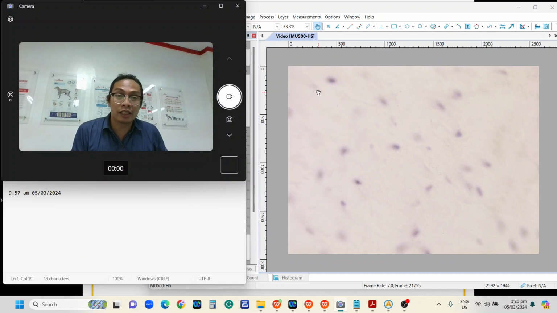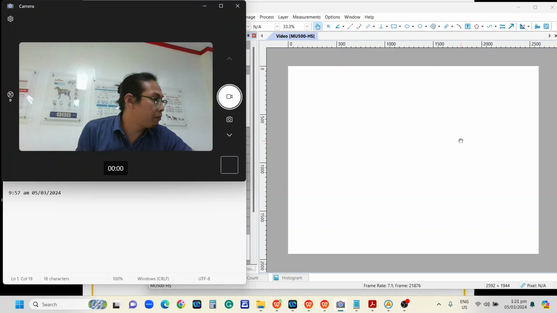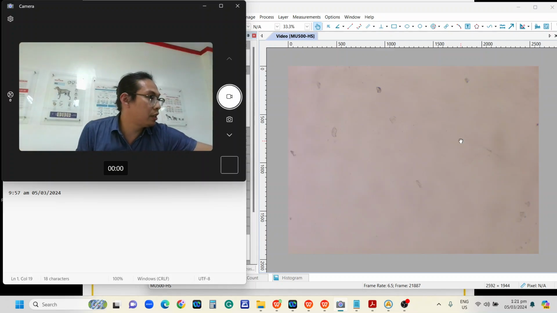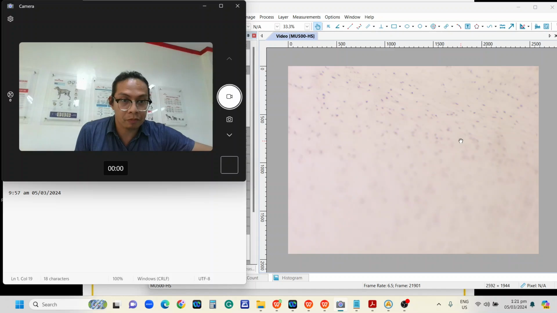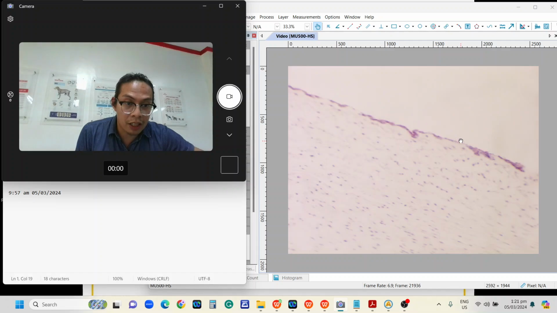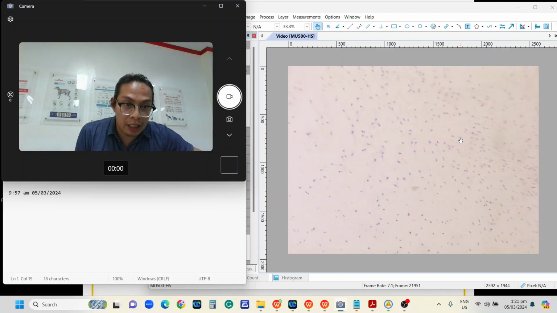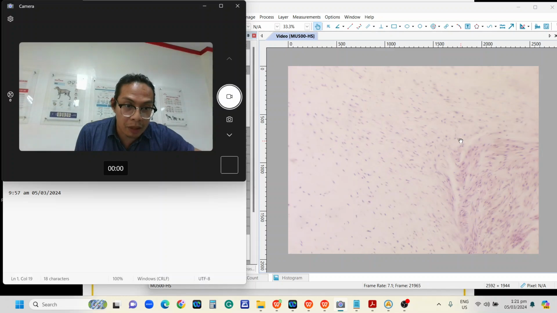And predominant cells na nakikita natin ay mga fibroblast cells. Okay? So this fibroblast cells ay yung may elongated nucleus and cytoplasm. Okay? There are some mesenchymal cells, pero kakaunti na. Mesenchymal cells is yung mga circular ang nuclei at cytoplasm.